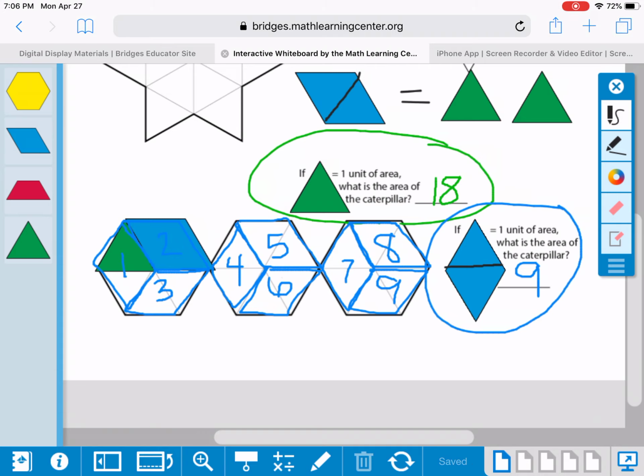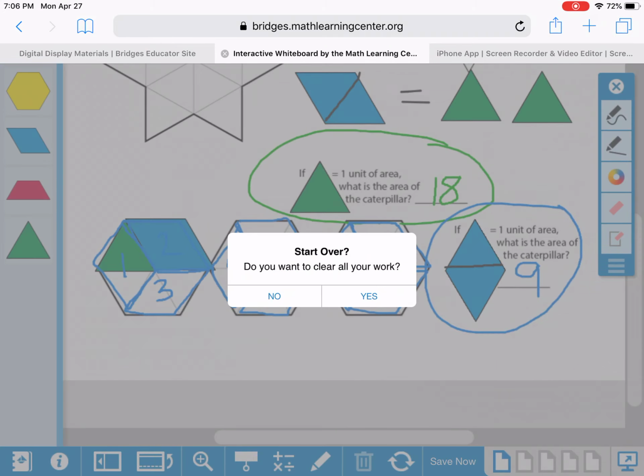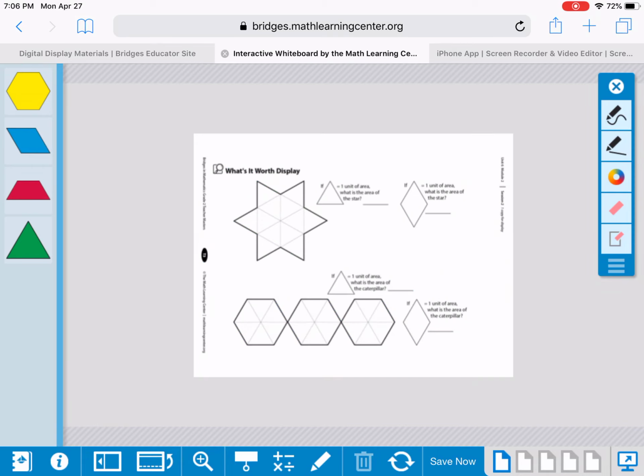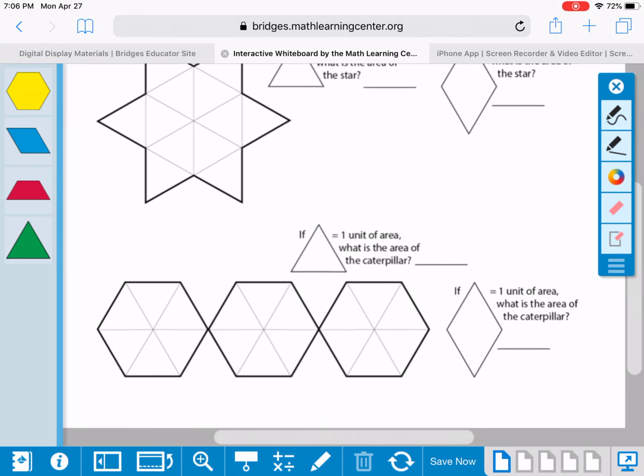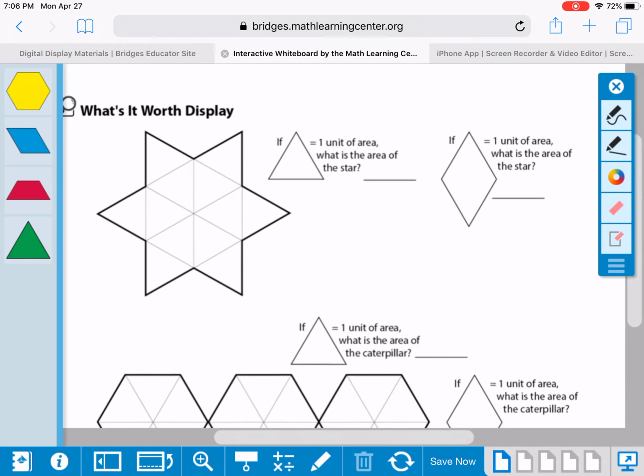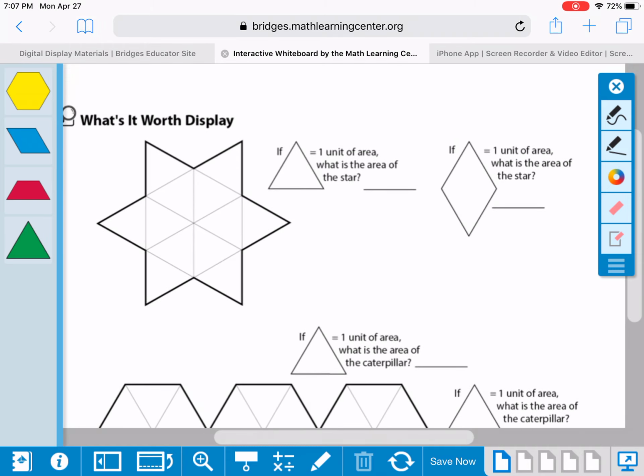Now we're going to look at a different shape. We are going to look now at this star shape that you see above our caterpillar. Now in our star shape, we're going to think, just like we did before, of how many triangles we can fit inside of our star shape. So I know that I can see the triangles already because the lines are there for me, just like this.